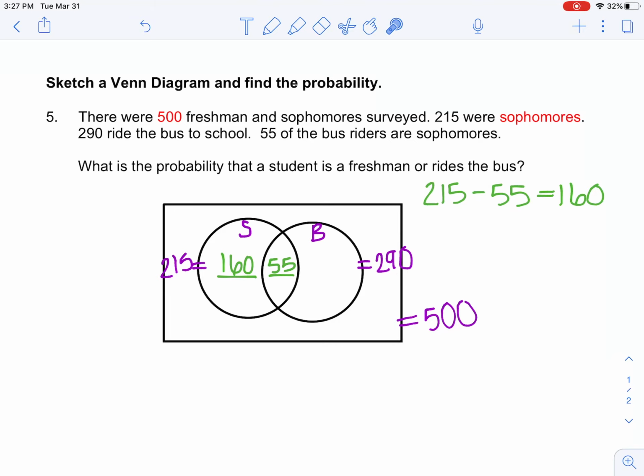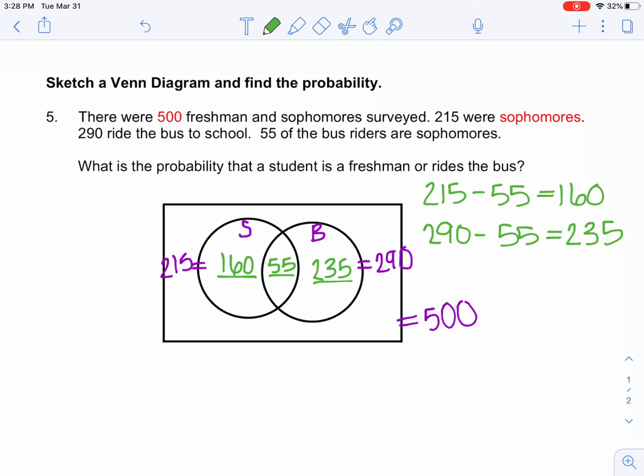Next, let's take 290 minus 55 so we can figure out what goes on this part of our circle. 290 minus 55 equals 235. So that means we have 235 bus riders who were not sophomores. So that means that those 235 would be our freshmen who rode the bus.